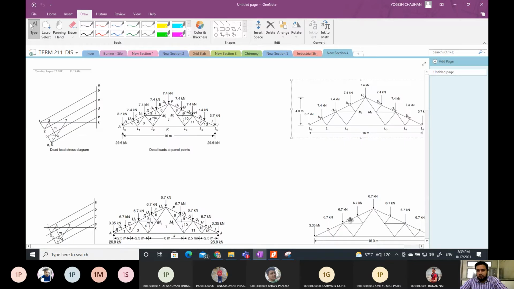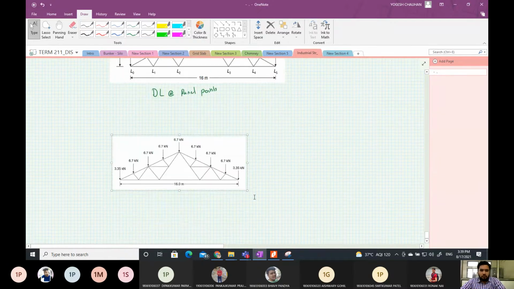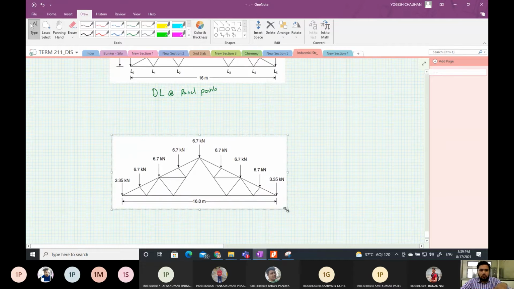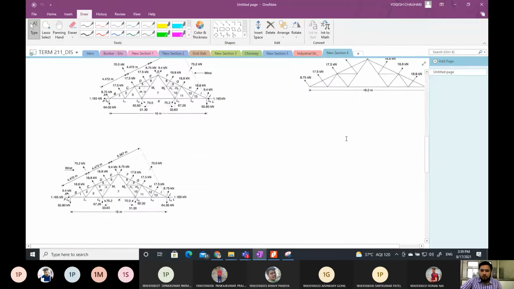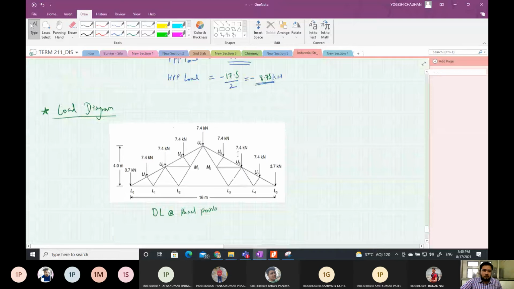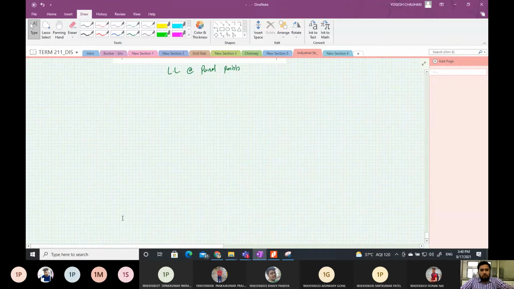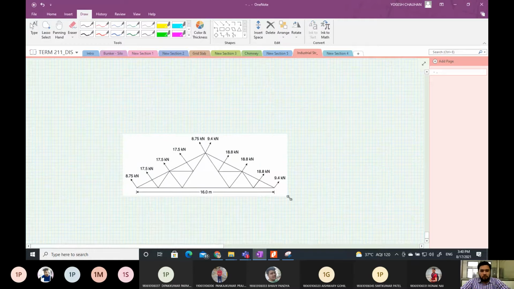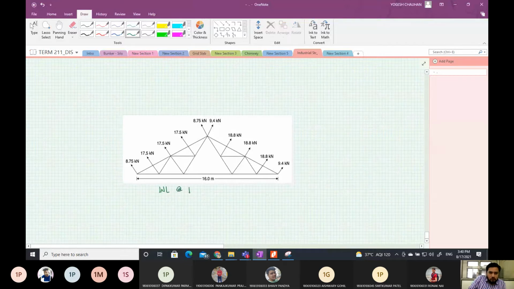Similarly, this figure shows the live load at the panel points. And this is wind load at panel point.